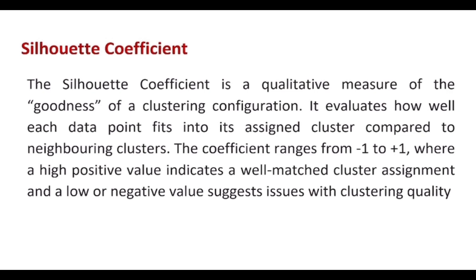Of course, this comes with values from -1 to +1. The moment you have 0.7 and above, that is strong, 0.5 may be referred to as reasonable, and 0.25 and below may be kind of weak. So just take note of that.